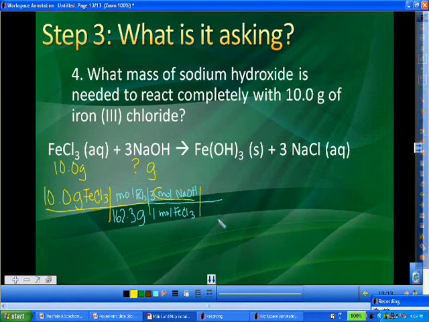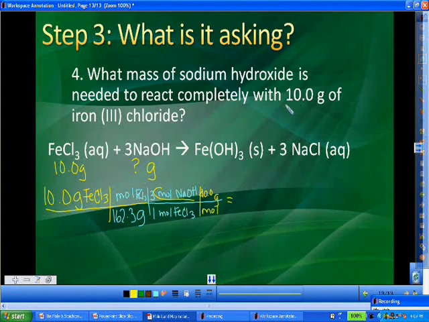Next step is to find the number of grams. So once again, we use our molar mass, which is in grams per mole. And you can calculate sodium hydroxide's molar mass. It is 40.0 grams. And then you should be able to calculate this and arrive at your answer. Now, remember, we must also pay close attention to significant figures.